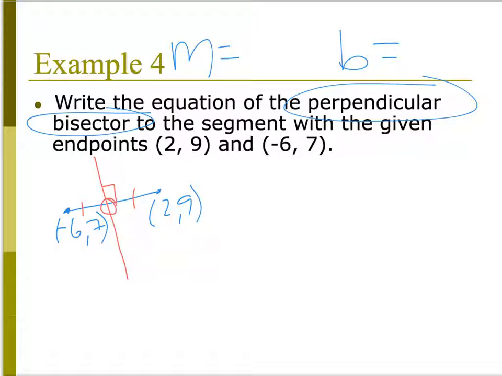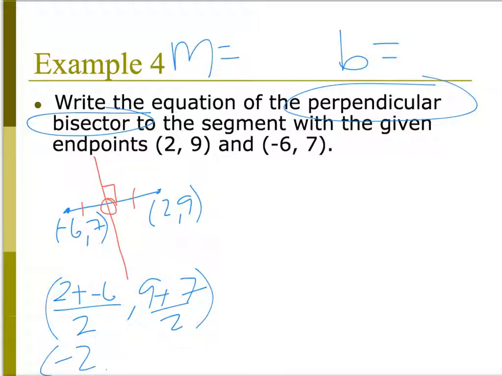Well, let's find the midpoint. Midpoint formula would tell me, let's see here, 2 plus -6 over 2, comma, 9 plus 7 over 2. That would be my ordered pair for my midpoint. 2 and -6 gives me -4 divided by 2 is -2. And then, there's my comma.